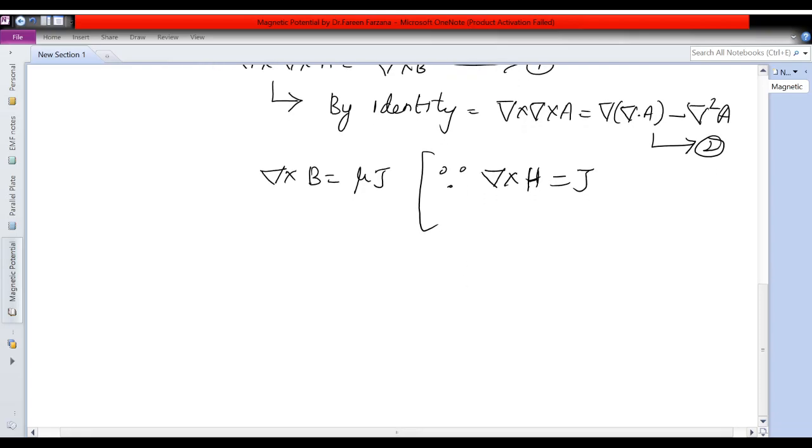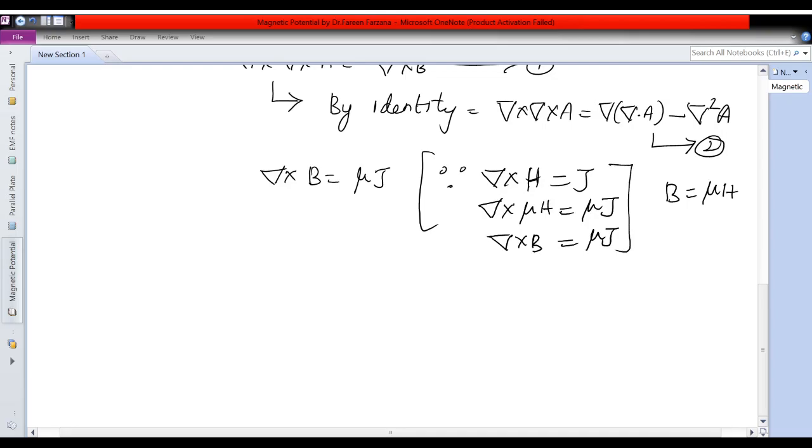Now I am going to multiply mu with H on both the sides. So del cross mu H is equal to mu into J. By the relation B is equal to mu H, instead of mu H I am going to substitute B. So del cross B is equal to mu into J.